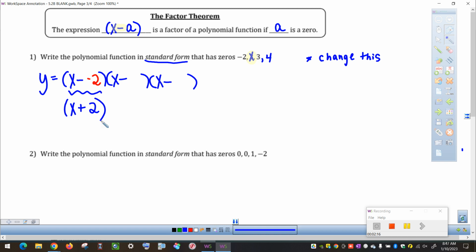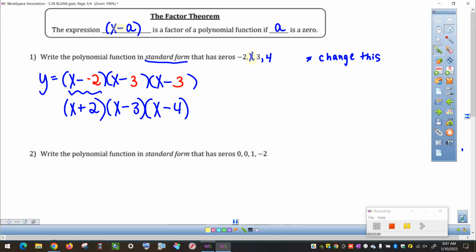Let's look at the next one here. Next we have a +3. Well, when we subtract that from x, it's just going to look like x minus 3. And then we have a +4. When that gets plugged in, it's going to look like x minus 4. So the general way that every parenthesis starts with the x and the minus sign is always the same.